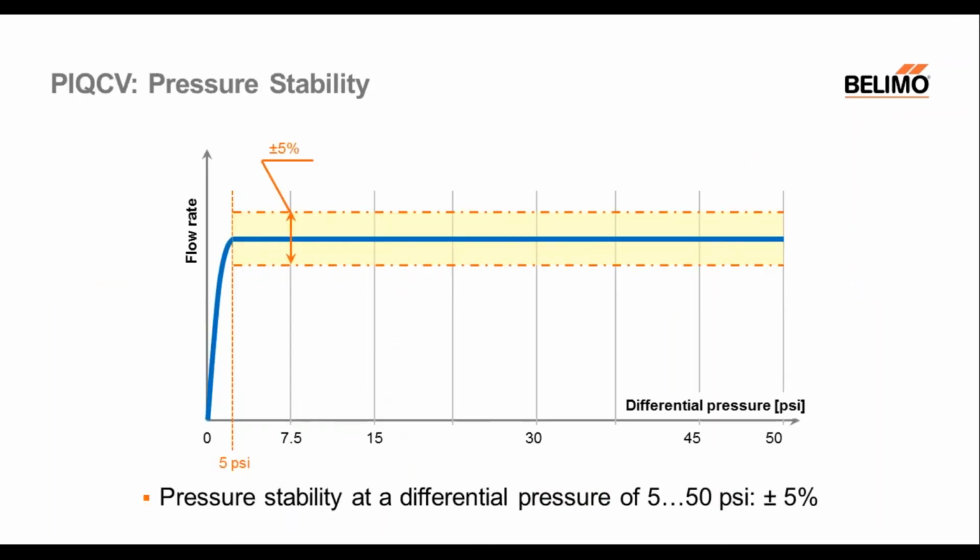For our PIQCV, we require a 5 to 50 psi differential pressure in order to maintain flow stability. In this graph, I'm showing how we are pressure independent from 5 psi to 50 psi across the range of pressures.